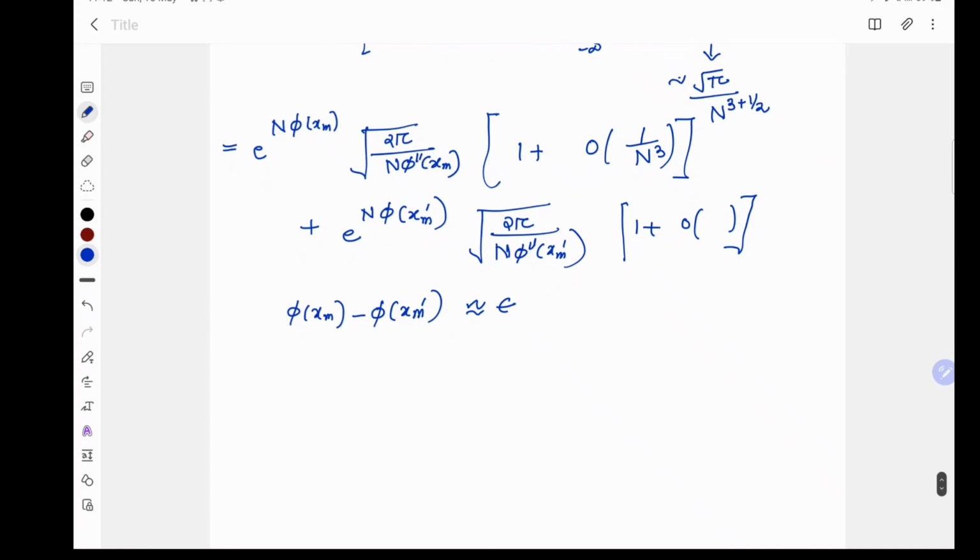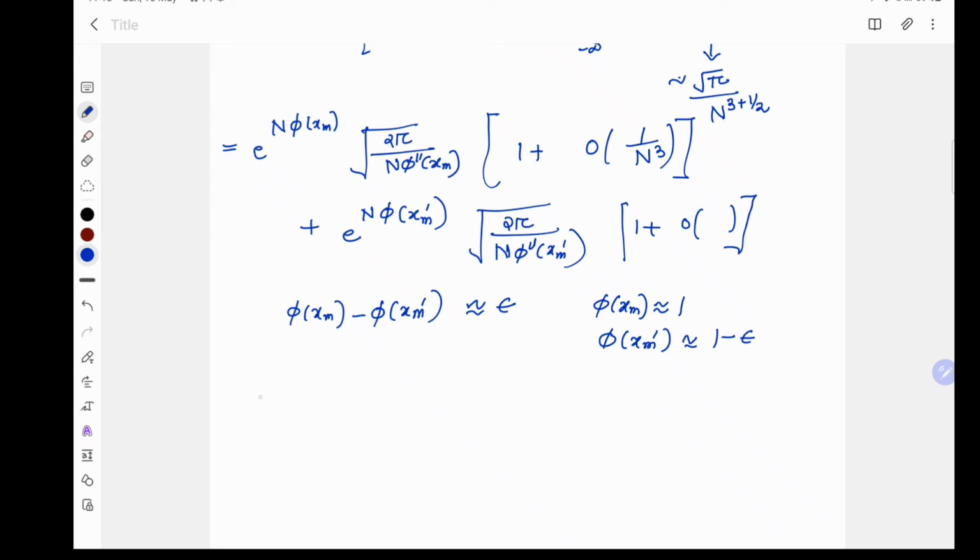Then phi at x_m is of the order of 1, so phi at x_m prime is of the order of 1 minus epsilon. Then this term will have e to the power n minus n epsilon, which one can safely neglect in the limit n tending to infinity. So other terms can always be neglected compared to the largest maxima.